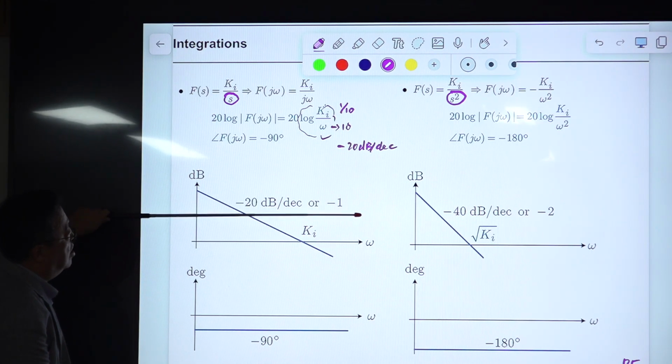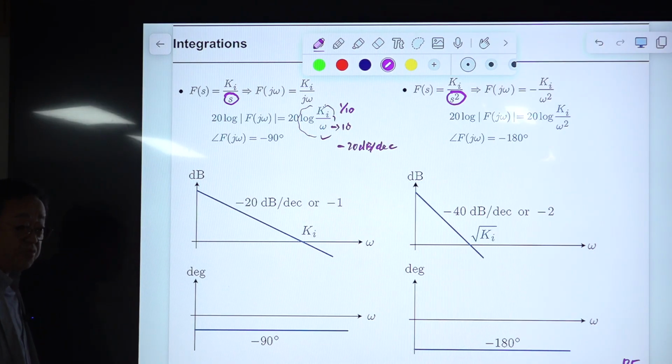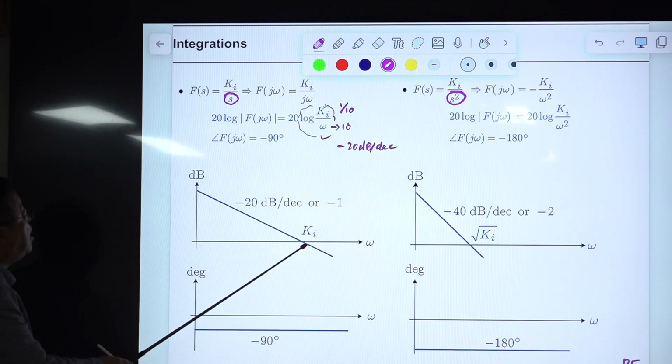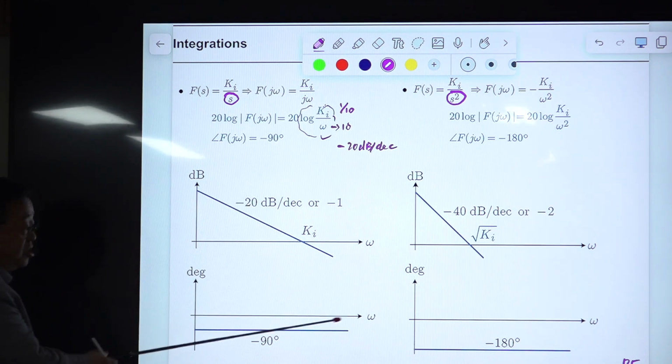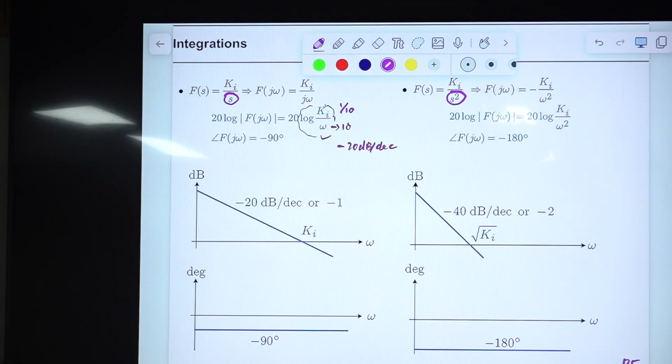The slope is minus 20 dB per decade, or we use the number minus 1 later on. This frequency is Ki. When omega is Ki, this becomes 1, which is 0 dB. So the 0 dB crossover frequency is sometimes important, and you should know that. That frequency is given by this value.